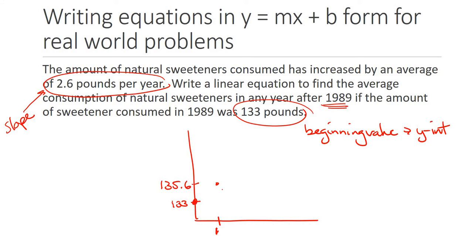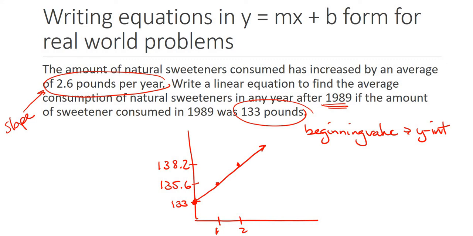So starting here with my y-intercept, up 2.6 to the right 1. In the next year, I'm going to go up another 2.6. That would put me at 138.2. Okay, so each year I am increasing by 2.6.